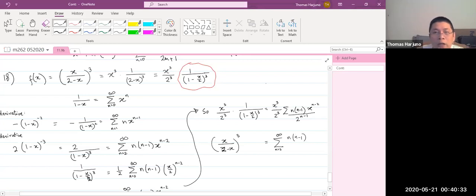I multiply the x cubed in, it becomes x to the n plus 1 over, I multiply the 2 cubed in, I get 2 to the n plus 2. That's the power series representation. Now, how about the radius of convergence?